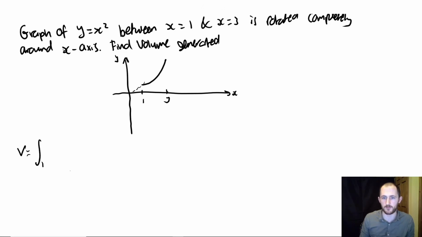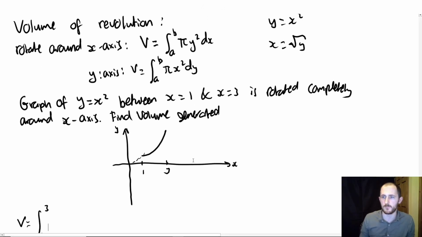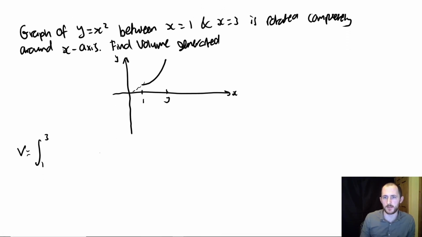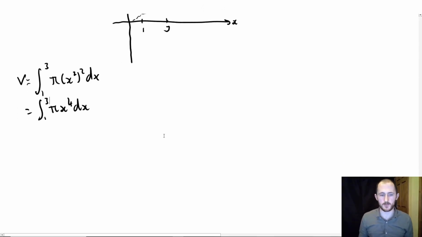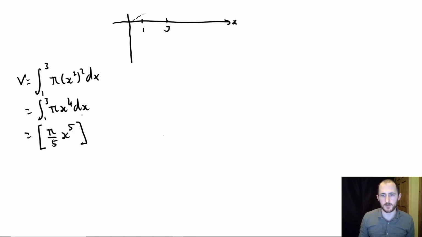Well, 1 and 3. Pi y squared. So pi times x squared squared dx. So 1 and 3, pi x to the 4. Remember, you do have to times the powers in that situation. That equals pi over 5 x to the 5, and we're going to sub in 3 and 1.